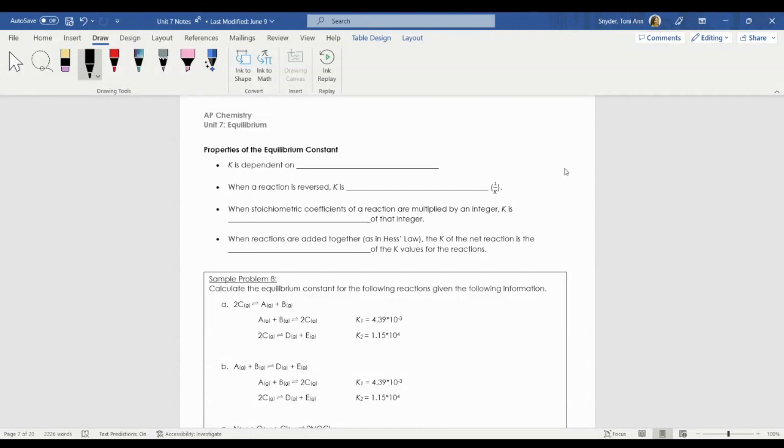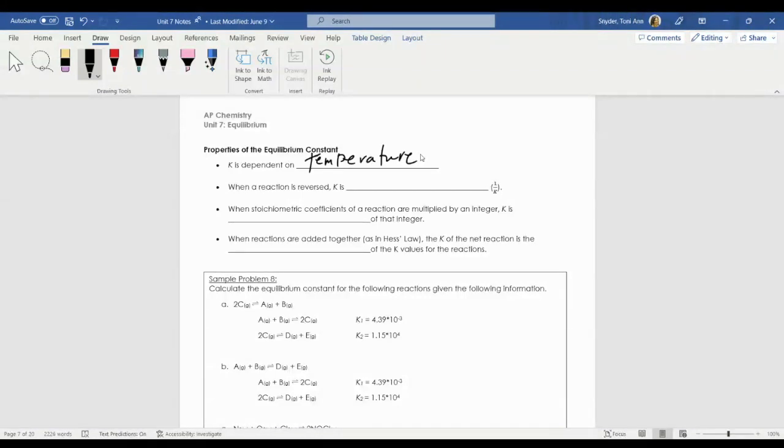So K, of course, is going to be dependent on temperature. So a lot of times you are going to see that when you're given an equilibrium constant value, a temperature is stated. And that's because your equilibrium constant can change with a change in temperature.